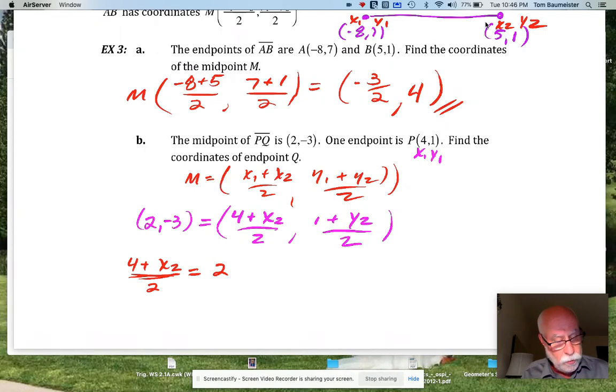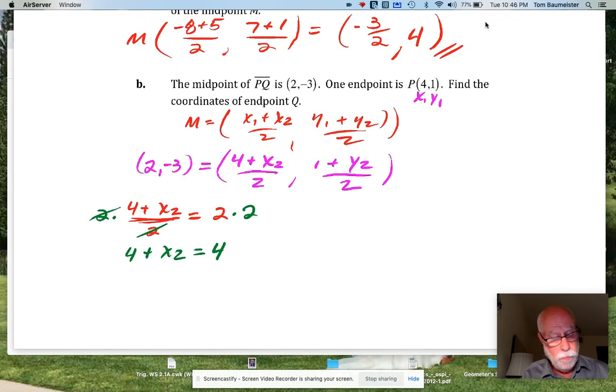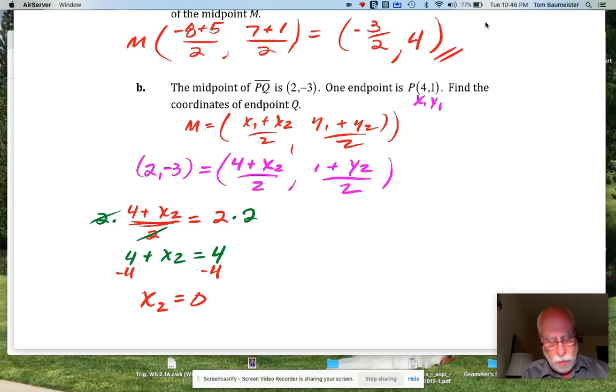When I multiply both sides by 2, these two are going to go away, so I'll have 4 plus x2 is equal to 2 times 2, which is 4. To get x2 by itself, I'm just going to subtract 4. So x sub 2 is equal to 4 minus 4, which is 0.